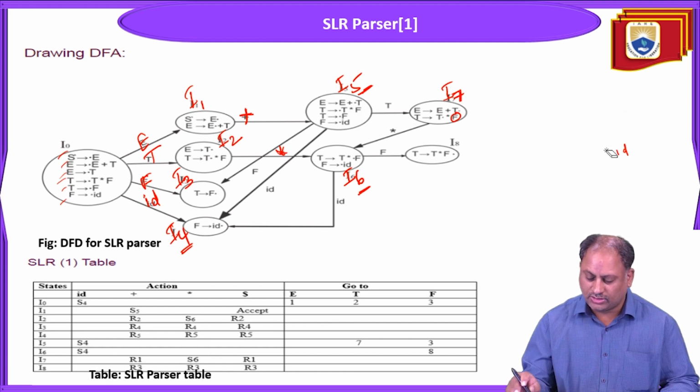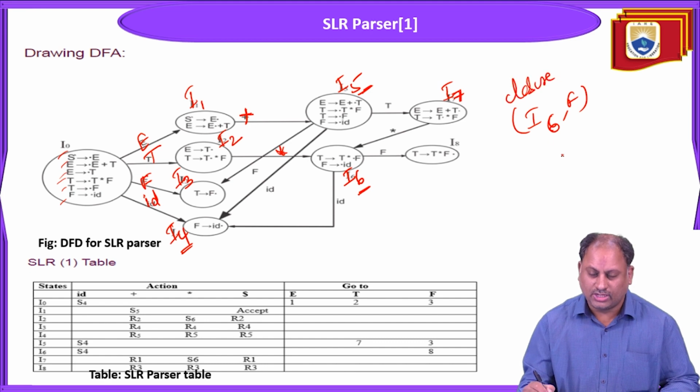So that is how you get the result I6. Now from I6, consider the closure operation with F, that is closure of I6 comma F, and we get a new state.